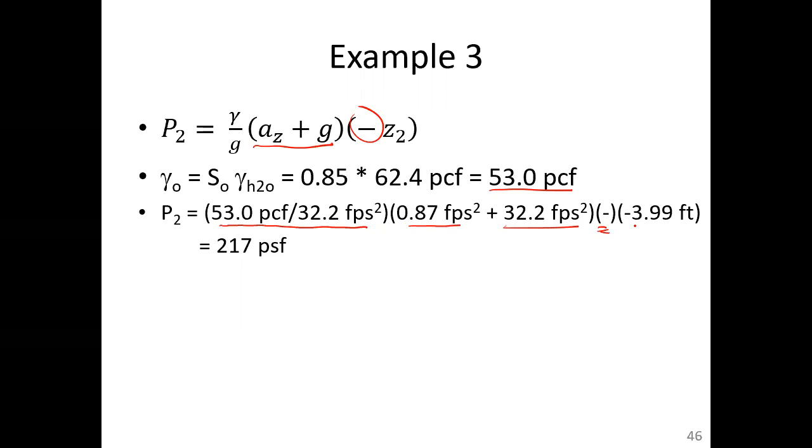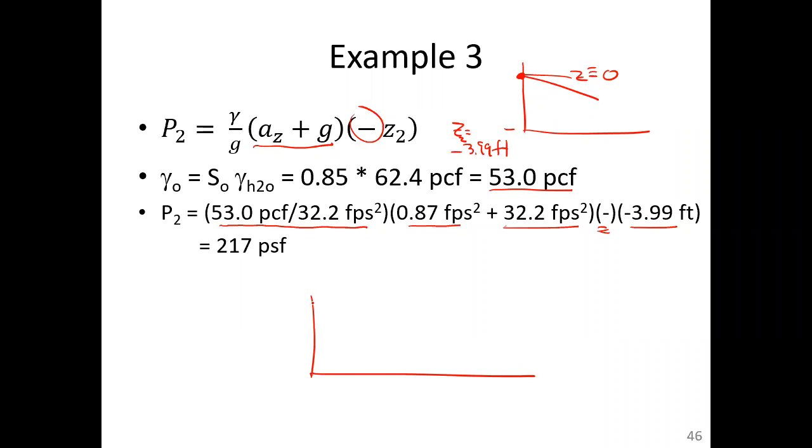And then Z2, as we indicated, is minus 3.99 feet. Z is equal to 0 at the free surface on the left-hand side, and Z2 is minus 3.99 feet. So when you multiply that all together, you get P2 is 217 pounds per square foot.